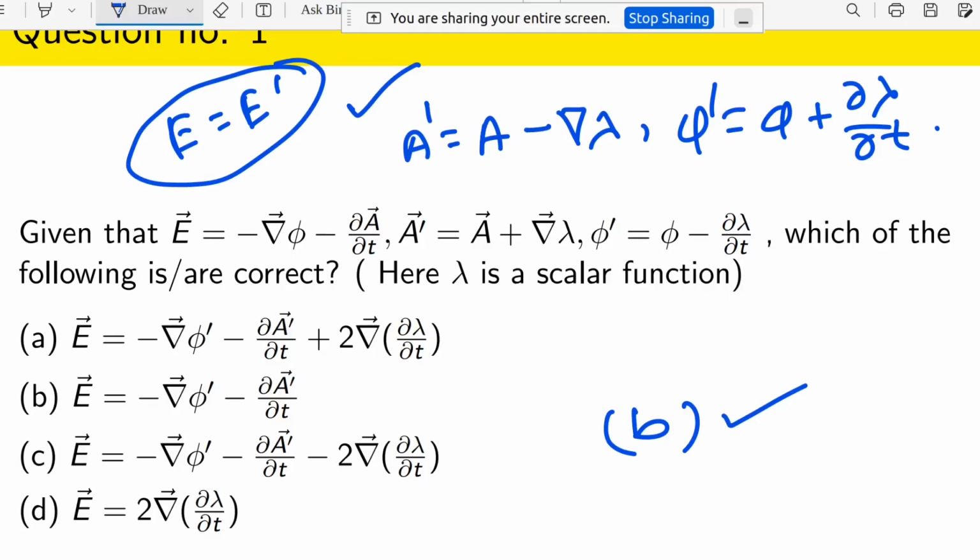If you follow the previous class, then you can see that if it is this option or this option, then also we can get E equals E prime, and E prime is nothing but minus grad phi prime minus del A prime del t. So this is the case. Okay, so the correct answer is B.